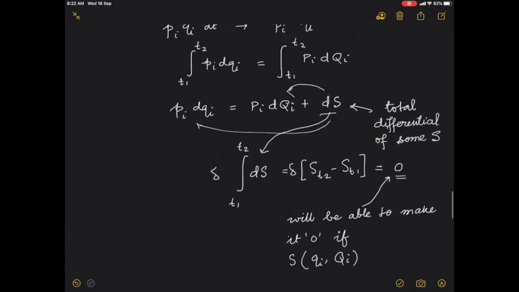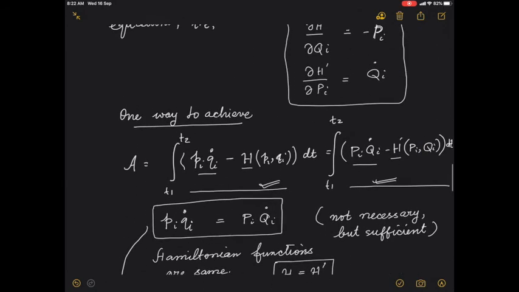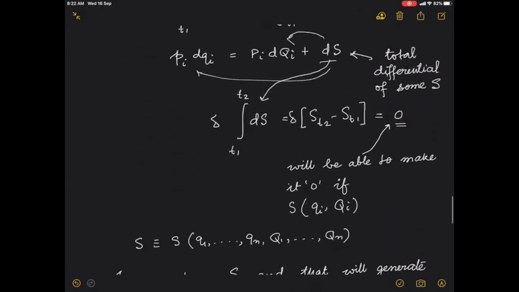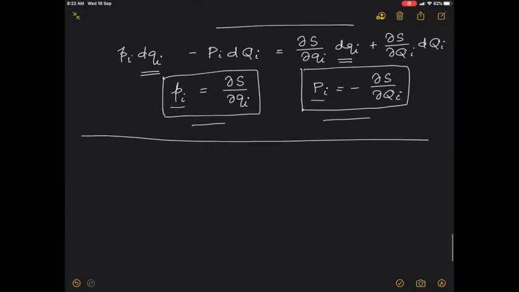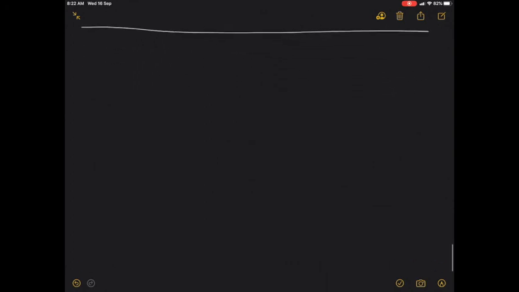But let me tell you a little bit more about this form. What this gives is that for such canonical transformations, I have Pi dqi on one side, and on the other side I have Pi d capital Qi.